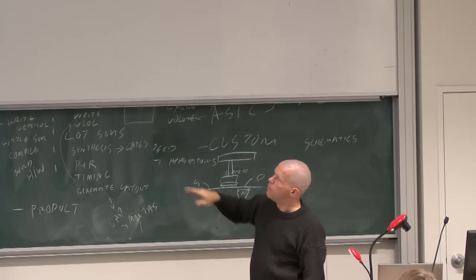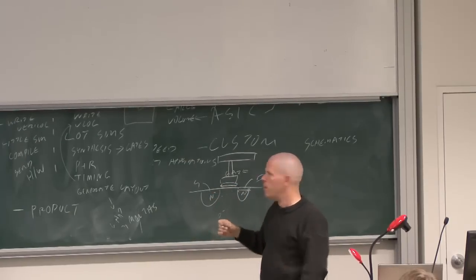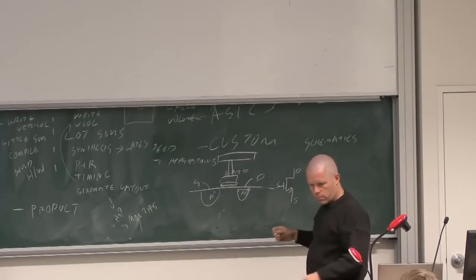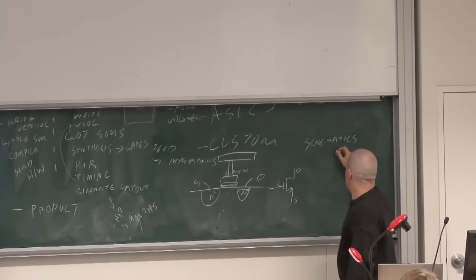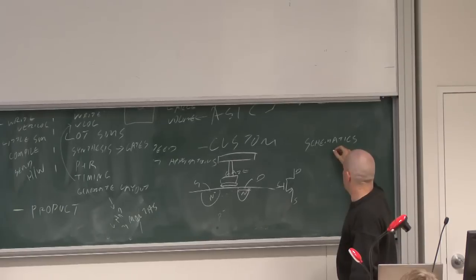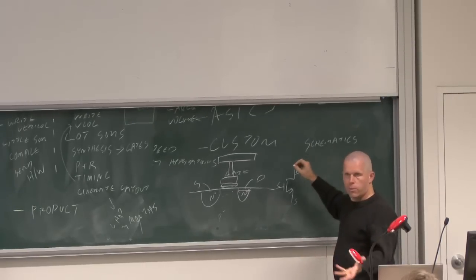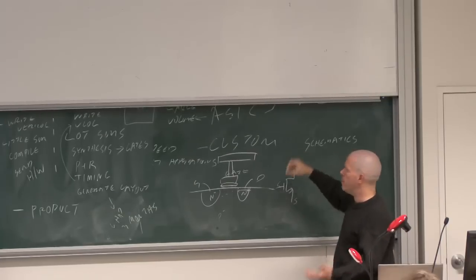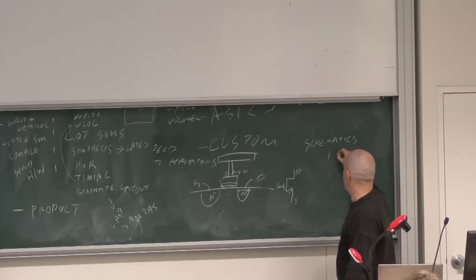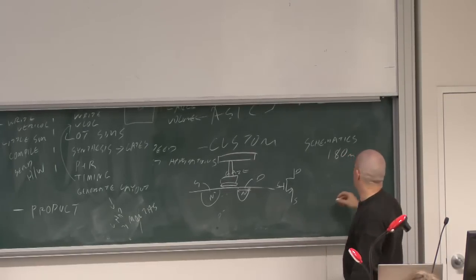Currently, if you went out to build a product, again it's a cost thing. There's 180 nanometer, which people often write as 0.18 micron.